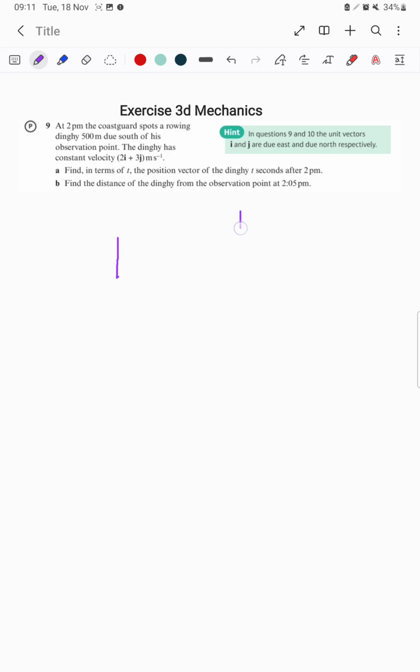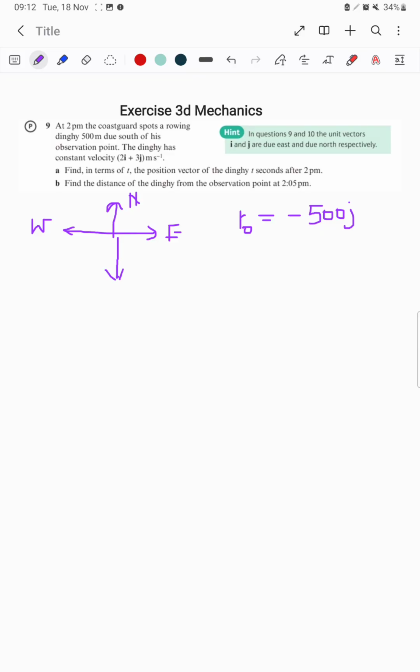So we can say initially the position vector is r naught, and that is minus 500j, because it is in the south direction. This is the east direction, this is the north direction, and this one is the west direction. So r naught is going to be negative 500j.